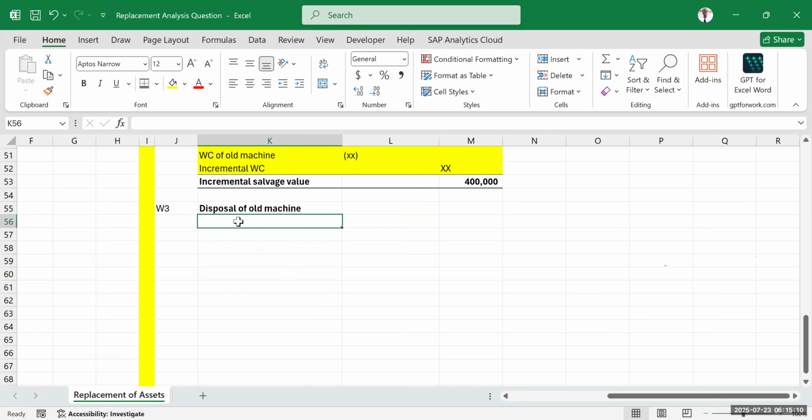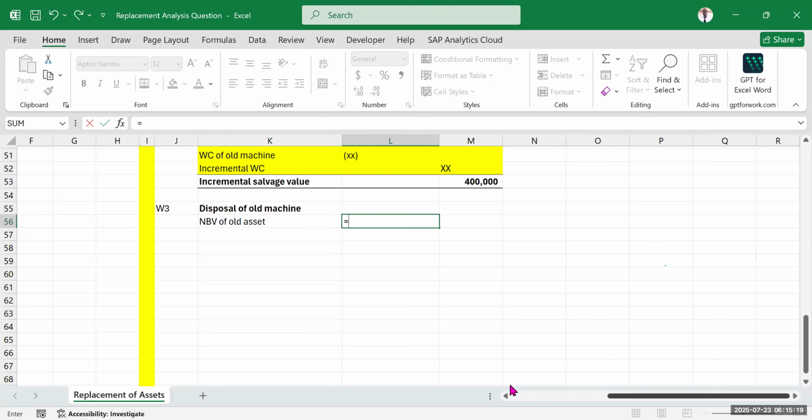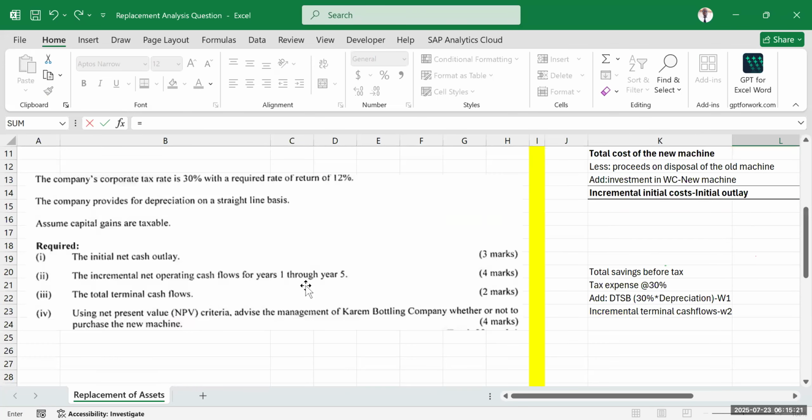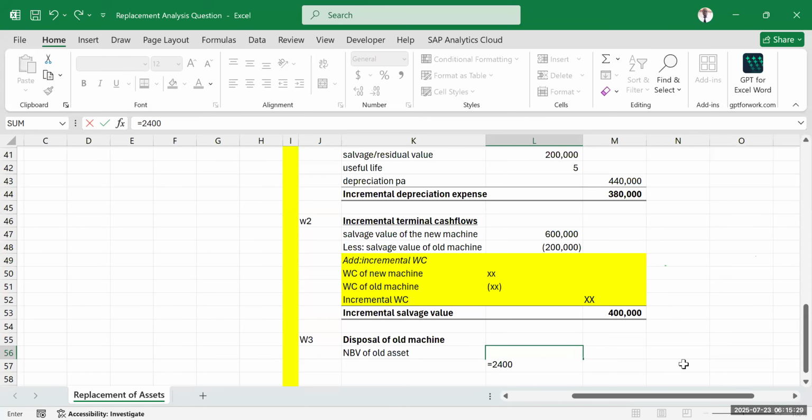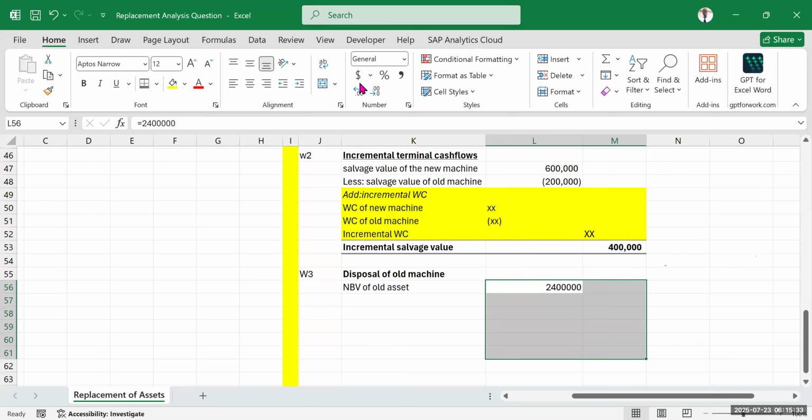So I want to start from the net book value of the old asset. The worth of the asset was given in the question. The asset was worth 2.4 million. So that is the book value of the asset, 2,400,000. And this asset, which was at 2.4 million, we sold it off. We disposed of it at what value?